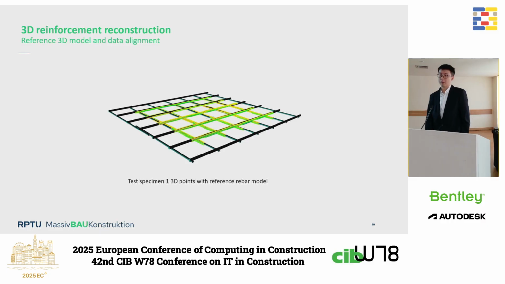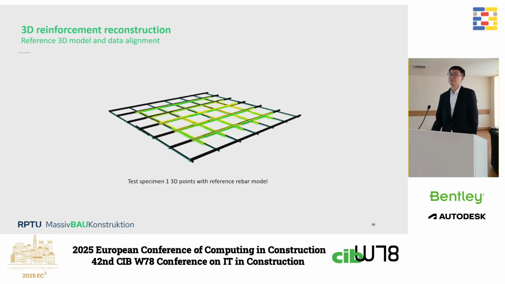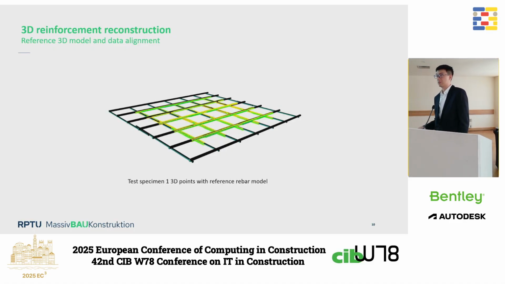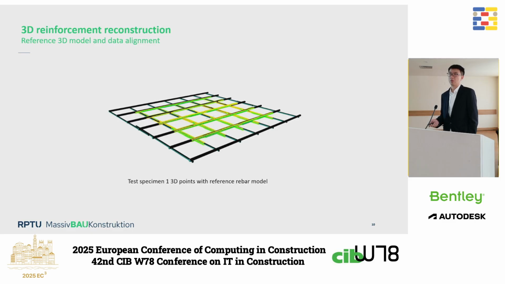The main task of 3D reconstruction is to fit the 3D points to the corresponding geometric shapes, geometric primitives. For us, we have not only measured the position of rebars manually, but also scanned them with the Leica scanner to create point clouds of the rebars.